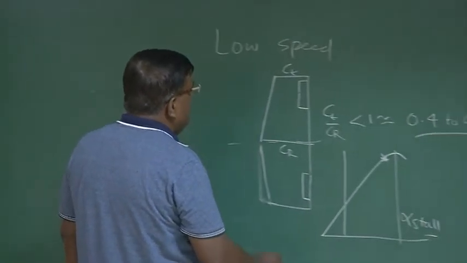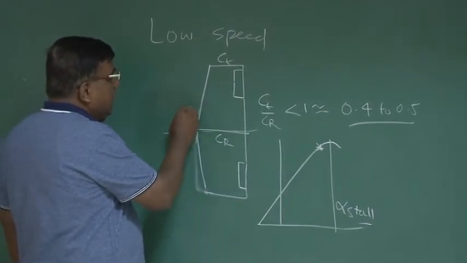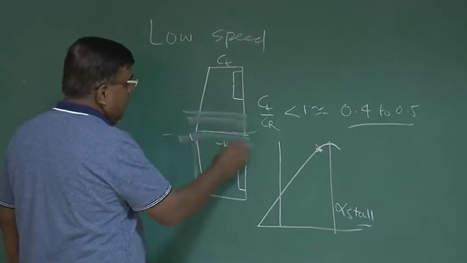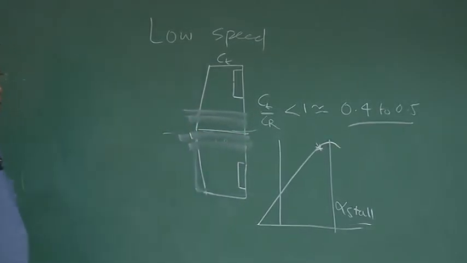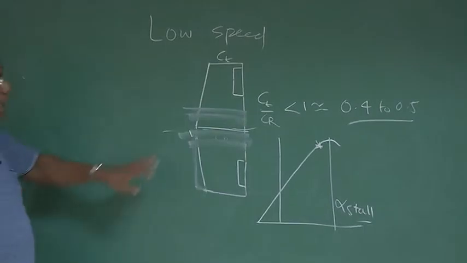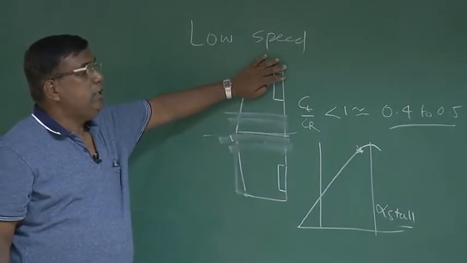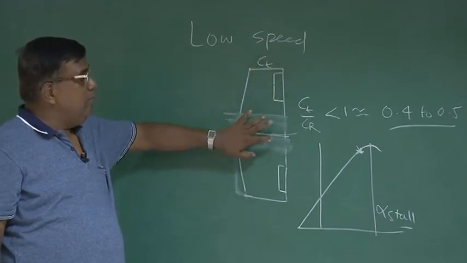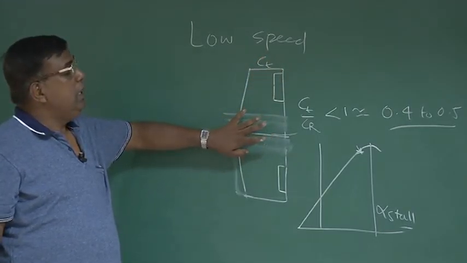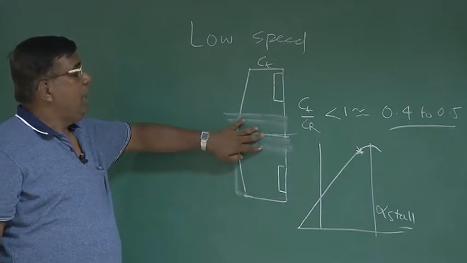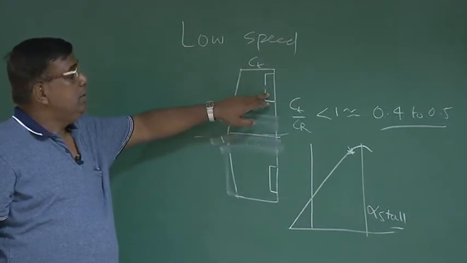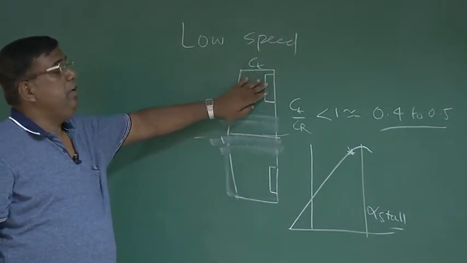So what is the wise way of handling it? We ensure that if we are accidentally approaching the stall region, then let the root portion stall first, then the tip portion. So the moment there is a stall in the root, there will be a warning to the pilot, and at that time the aileron is not stalled, so it will be effective and will take care of the adversaries.